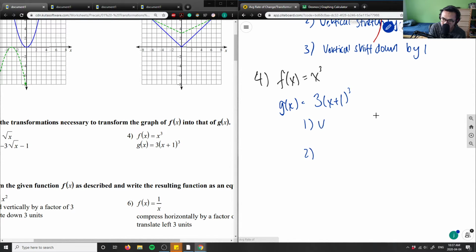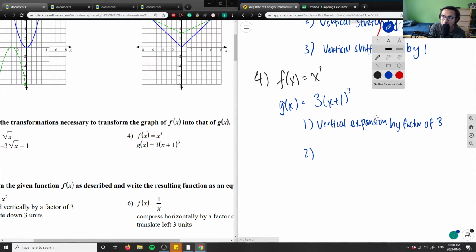I'm going to write expansion, because I kept using stretch, so you can use this term too. A vertical expansion by a factor of 3. So that denotes this 3 here, right?